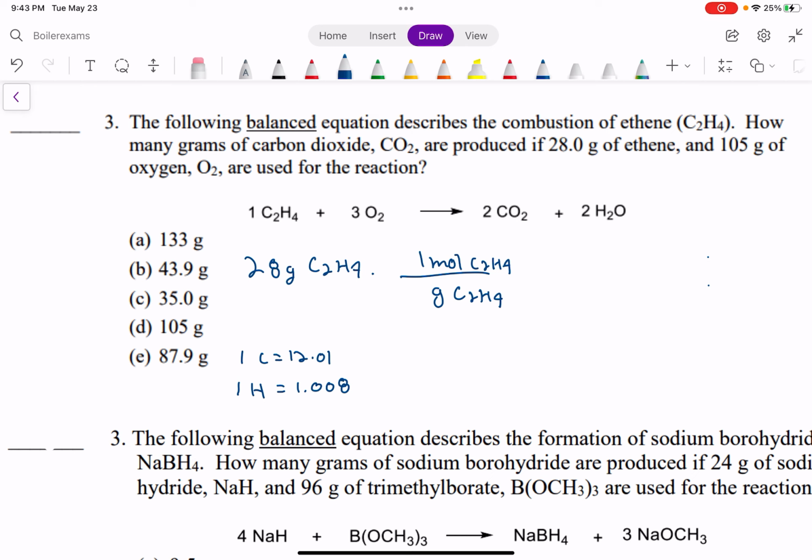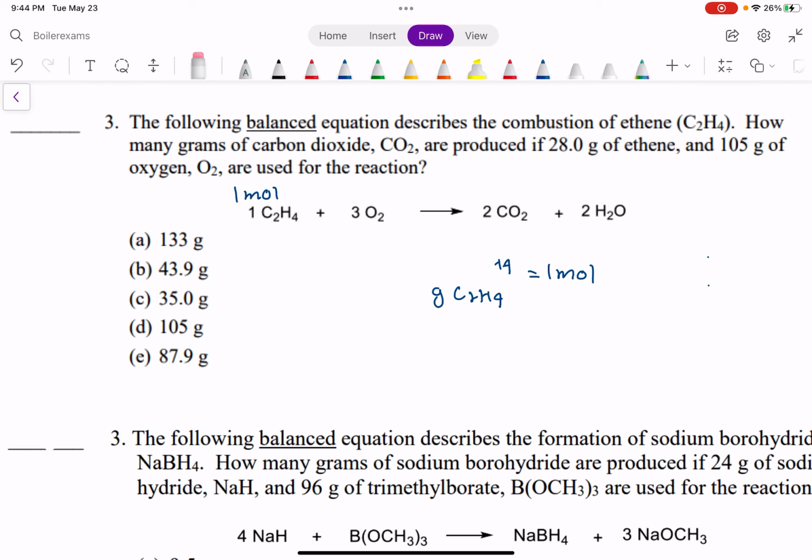Therefore the molecular weight of C2H4 is 12.01 times 2 plus 1.008 times 4, which equals 28.05. 28 divided by that, I'm just going to say it's 1 mole. So we have 1 mole of this reactant.